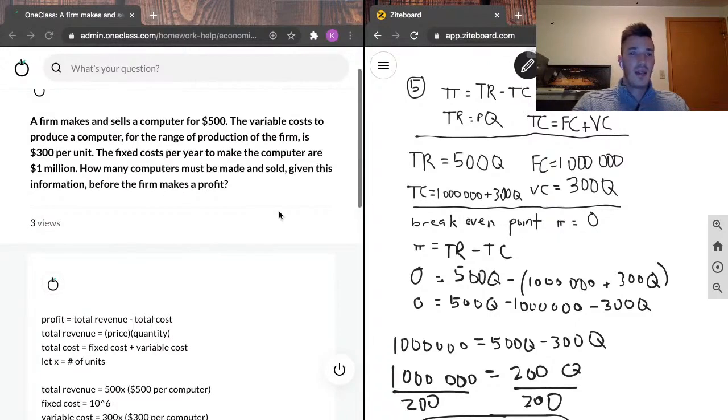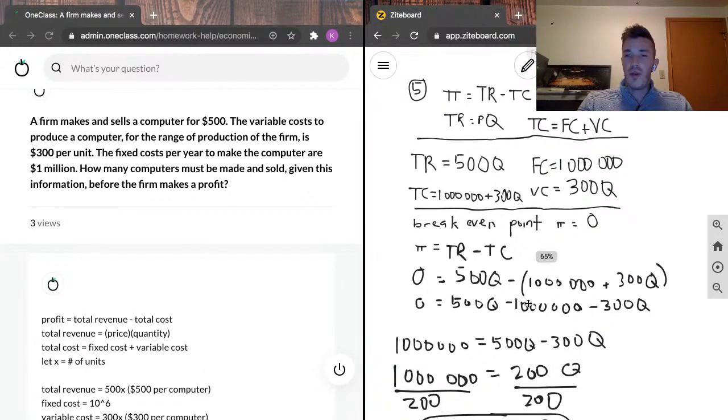The question asks, how many computers must be made and sold given this information before the firm makes a profit? So the break-even point is going to be when profits are equal to 0. This is when total revenue and total costs are the same. So to solve, we set the profit equal to 0, and we take the total revenue, 500Q, and subtract the total cost, 1 million plus 300Q.